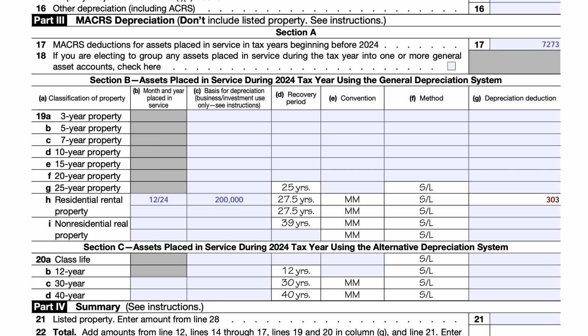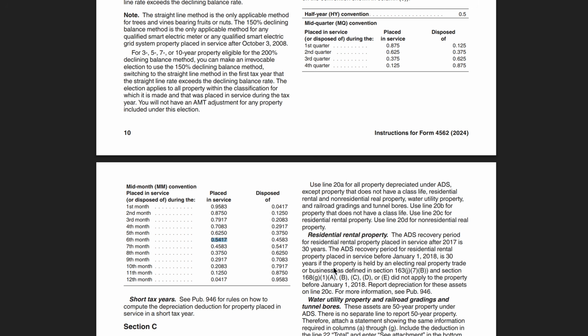Now, the final example would be, let's imagine that you're in your last year of depreciation. You would not use this line at all, but you would use this right here to claim that last part of the depreciation that you weren't able to claim 27 and a half years ago, assuming you still have the property.